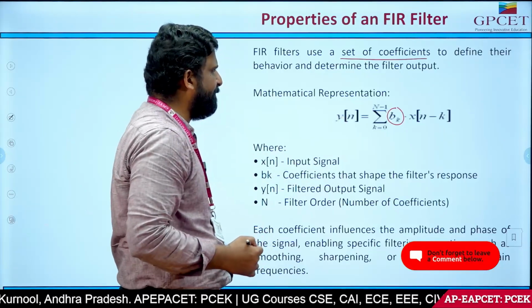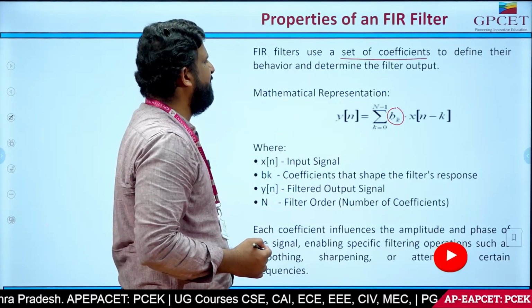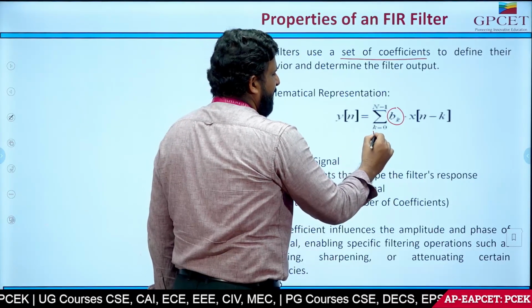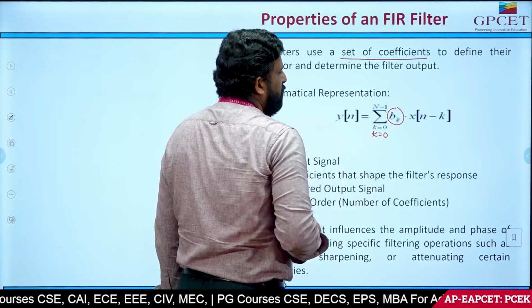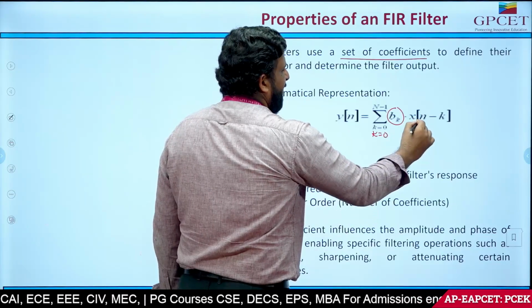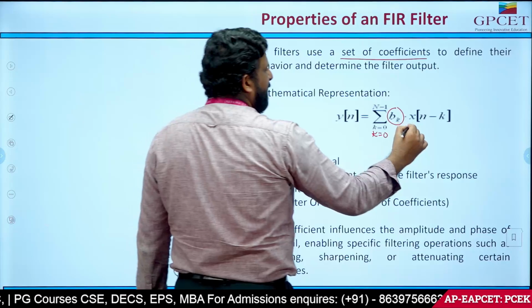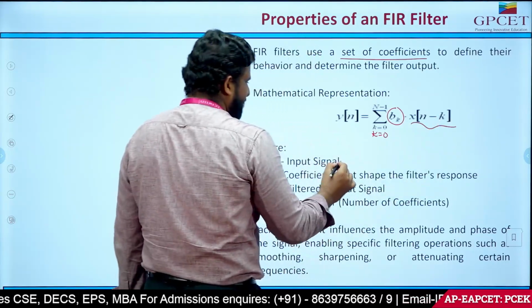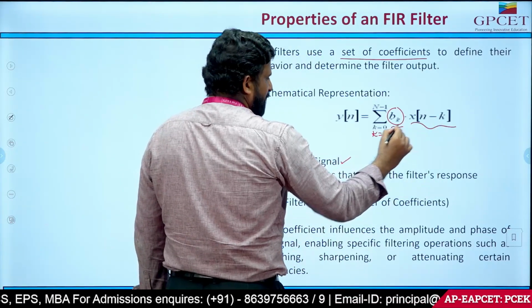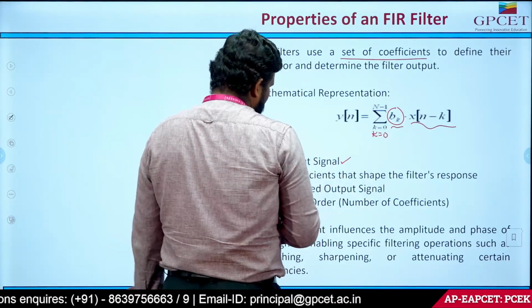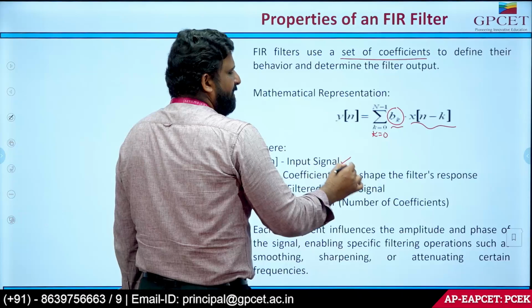So this is the mathematical representation of the FIR filter: y of n is equal to the summation from k equal to 0 to N minus 1 of b k x of n minus k. What is represented here? x of n minus k is nothing but the input signal, and b k is nothing but the coefficient that shapes the filter. This plays a major role.